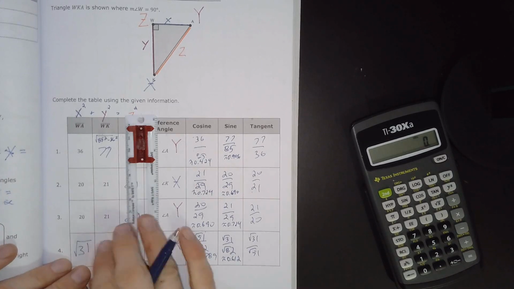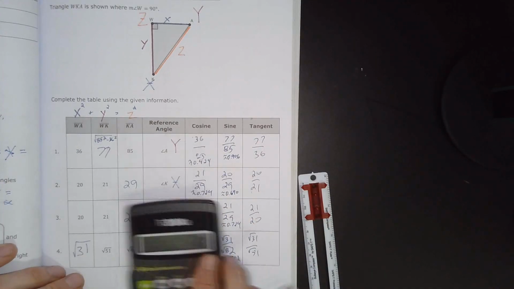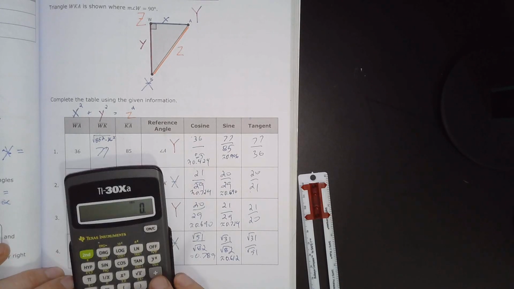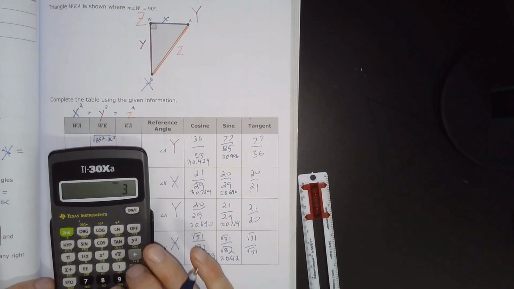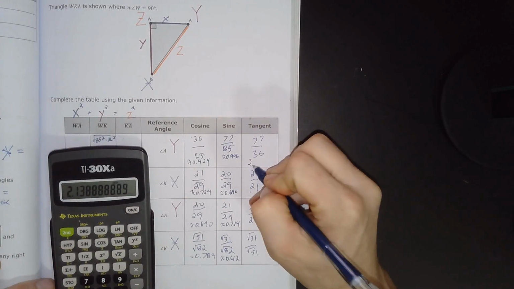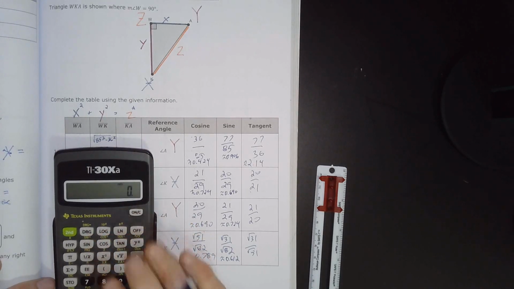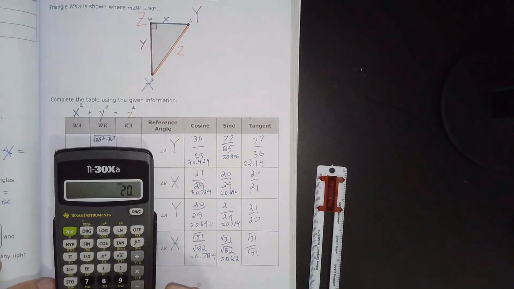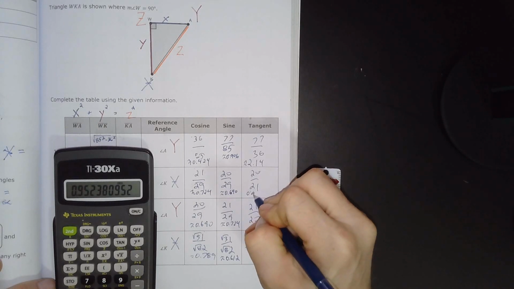Okay, so now more number crunching. All right, so we're going to do 77 divided by 36 is 2.14 approximately. 20 divided by 21 equals 0.952.